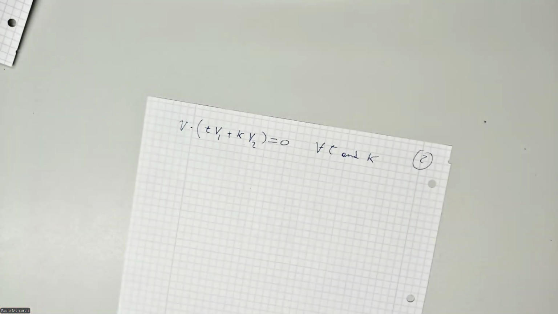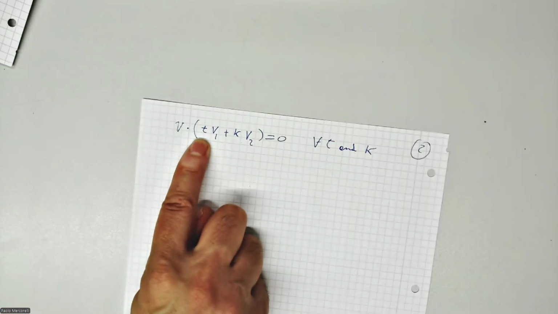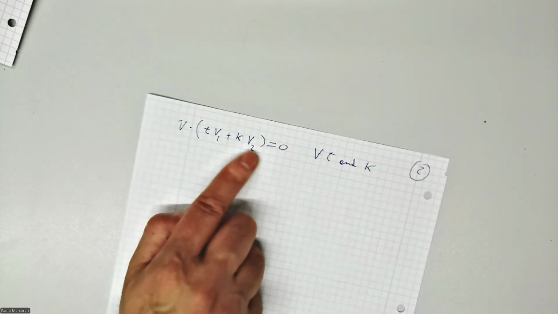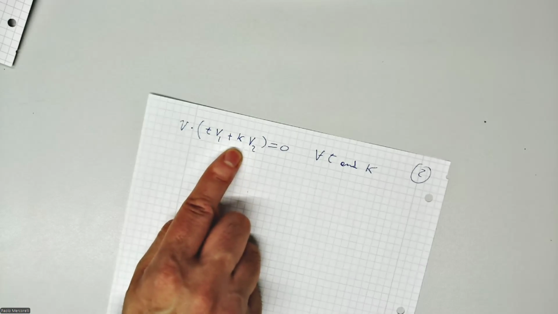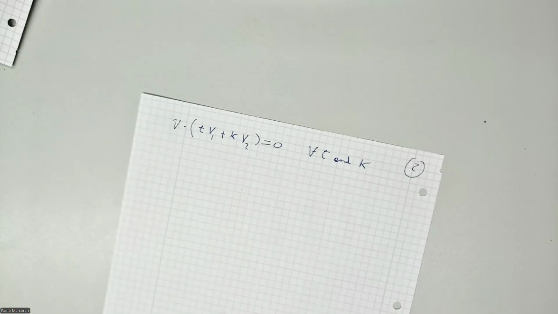Do you remember in the slide, in the formulation of the problem, when we found the solution, we characterized V1 multiplied by T, V2 multiplied by K, or vice versa, it's not relevant. Just to reflect this word generated.